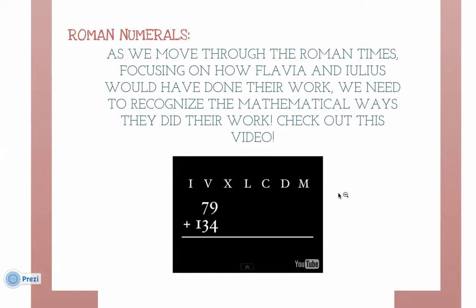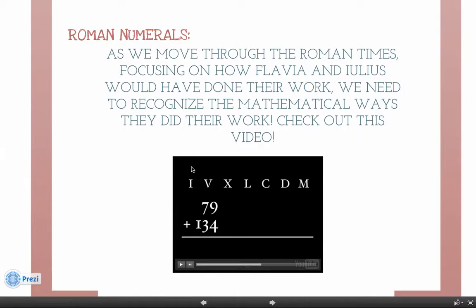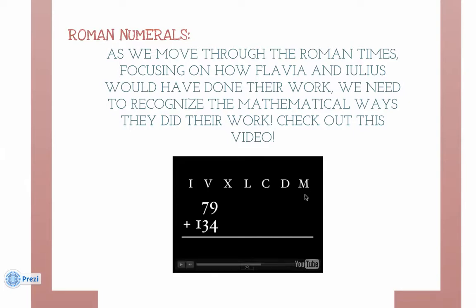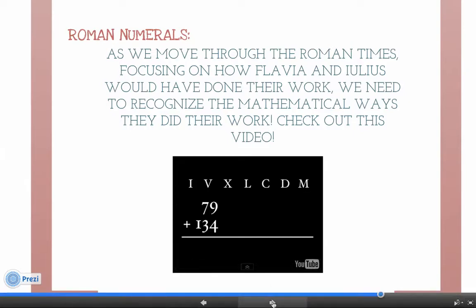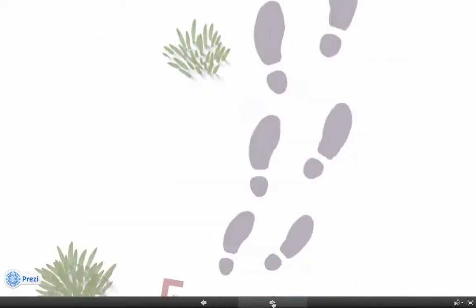I'd like for you guys to write that down. Make sure you have that written down somewhere. That I is 1, V is 5, X is 10, L is 50, C is 100, D is 500, and M is 1,000. So just make sure to write that down. In our activity that we have next, you will be using those.